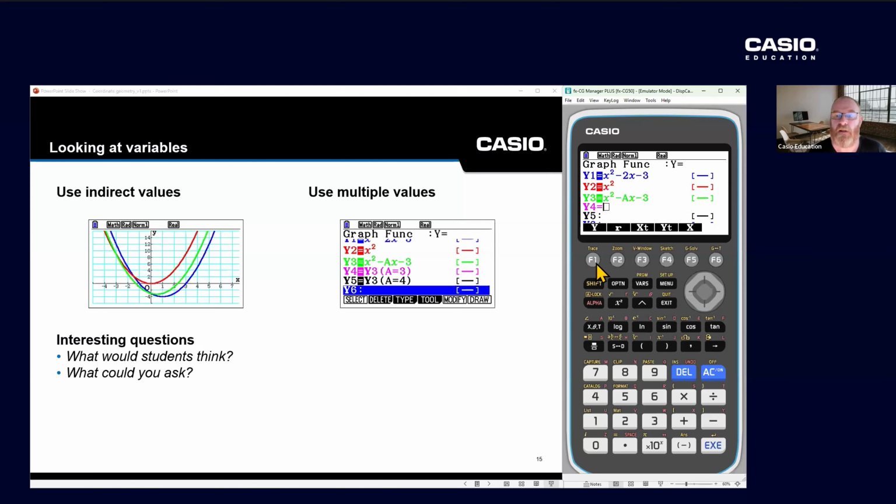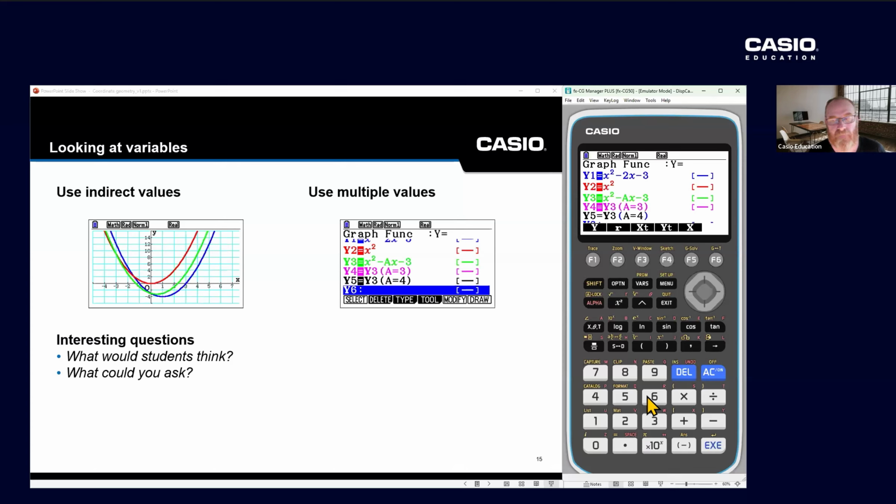So I can scroll right and use y3. So that's the function with the variable that can change. And then I can set out that I want my value of a to be 3, for example, for y4, or for y5. I could say that I want my value of a to be equal to 4.